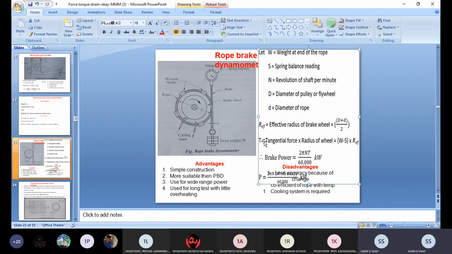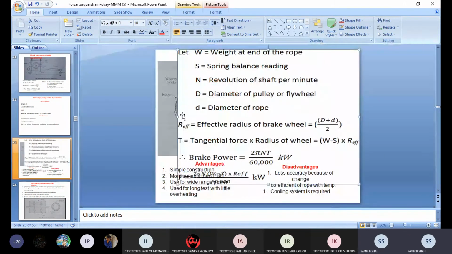Then we find the torque with the help of the equation, that is tangential force into radius of the wheel. For the tangential force, we consider W minus S, where W is the weight at the end of the rope and S is the spring balance reading, and R effective. Based on that, we find the torque.